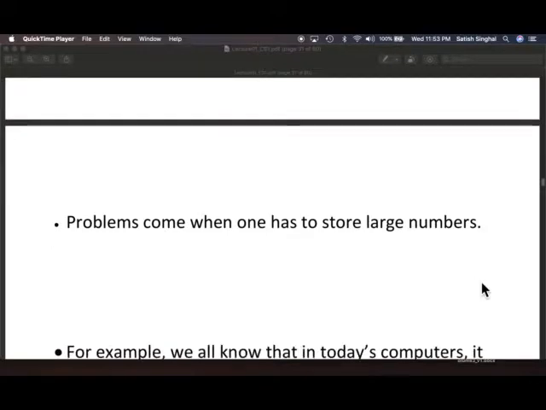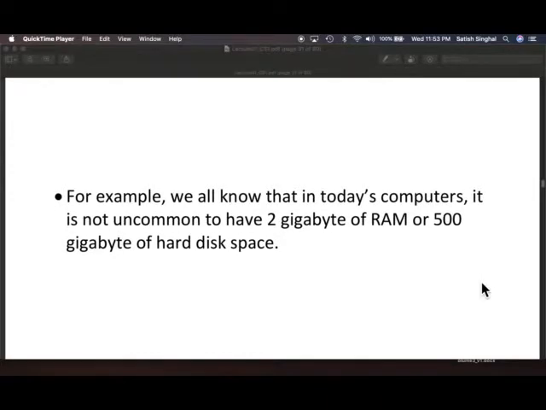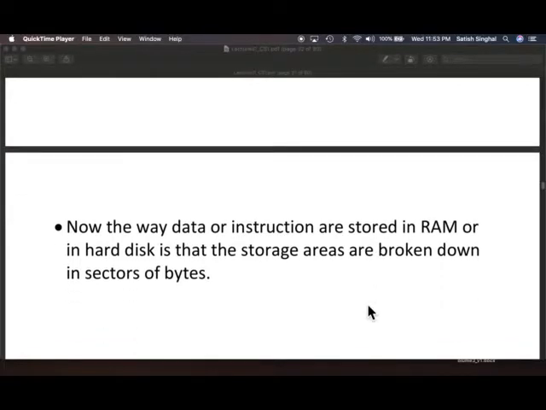For example, in today's computers, it is not uncommon to have 2 GB of RAM or 500 GB of hard disk space. The way data or instructions are stored in the RAM or hard disk is that storage areas are broken down in sectors or bytes.